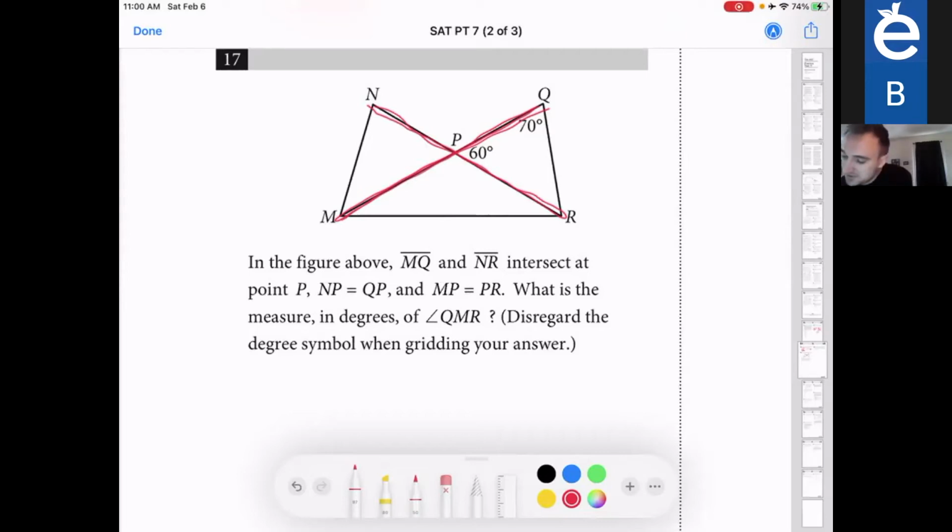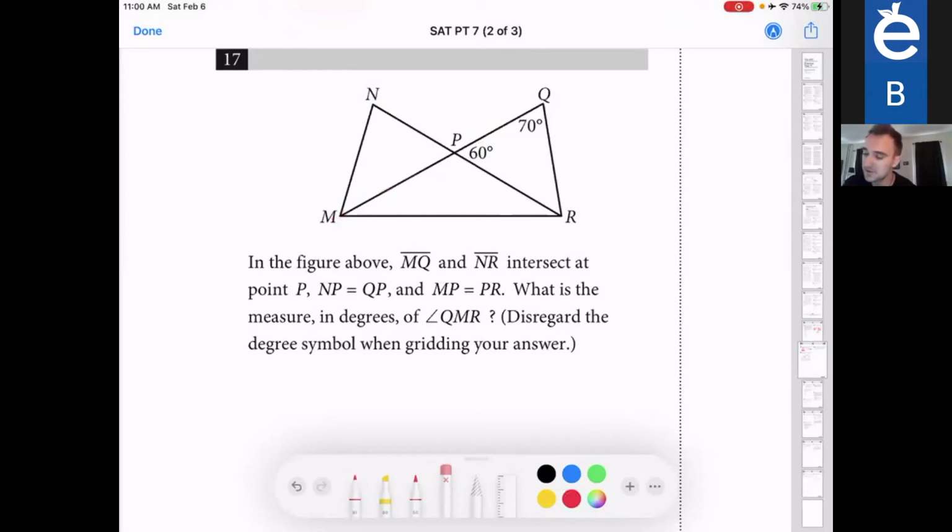What is the measure in degrees of angle QMR? So ultimately, we're looking for this angle, QMR, right? We want this angle here. We're looking for that angle.